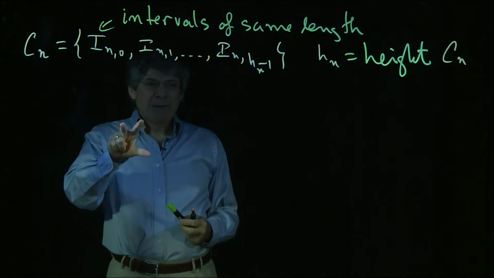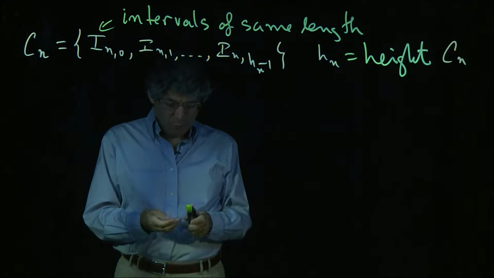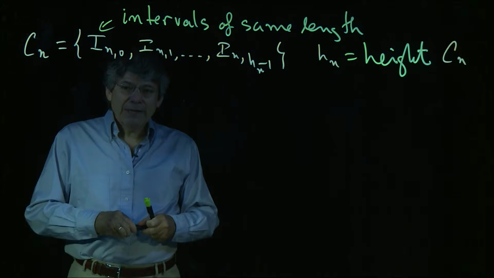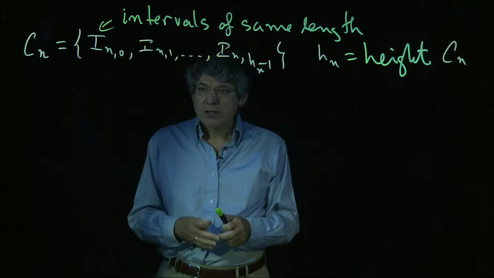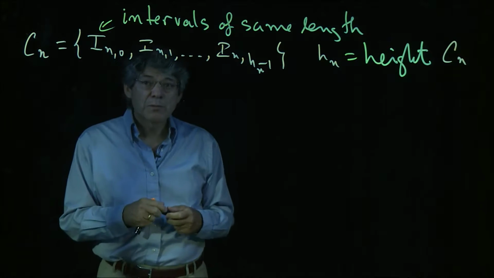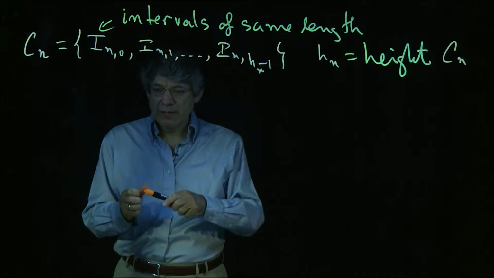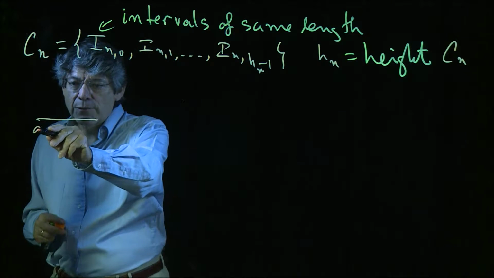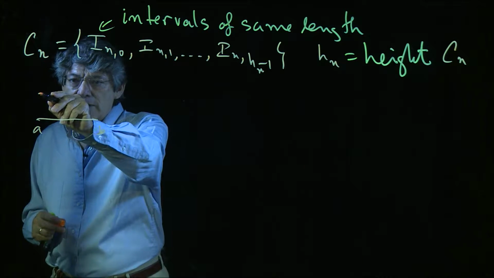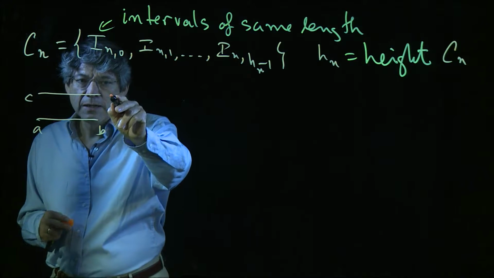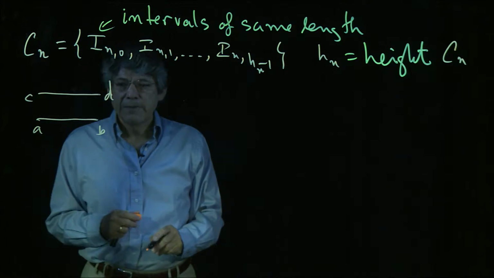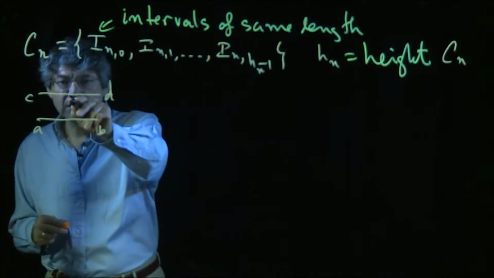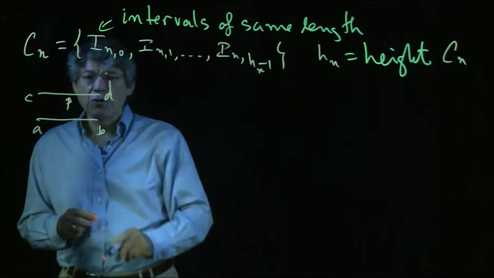Now, before defining the column map, we will note that given any two intervals, there's a unique orientation preserving translation between them. So I will illustrate this. Suppose you have any interval here, say from A to B, and an interval here from C to D. There's a unique map, a translation, that sends this interval to the other one.